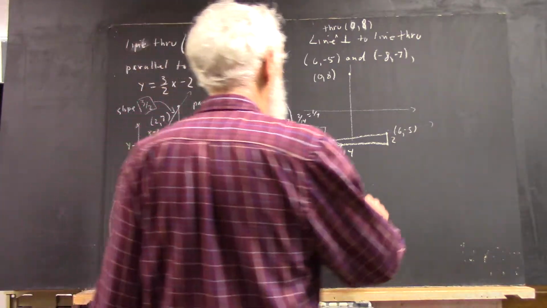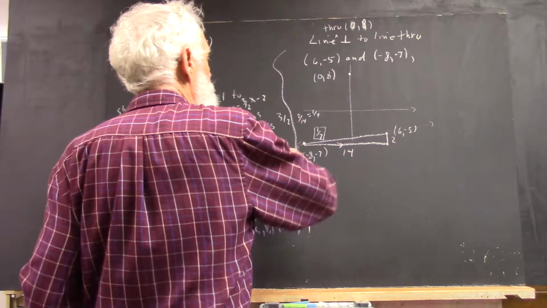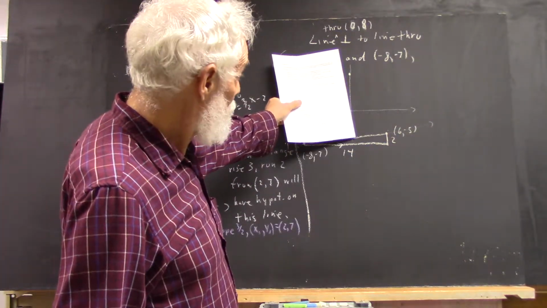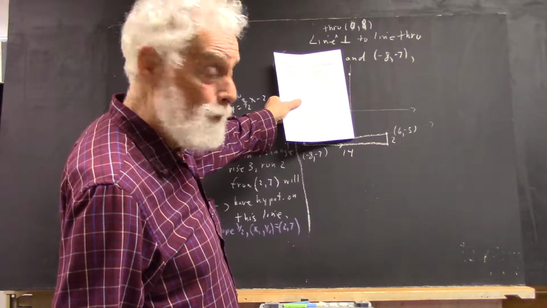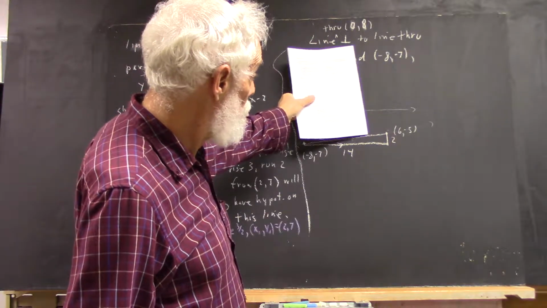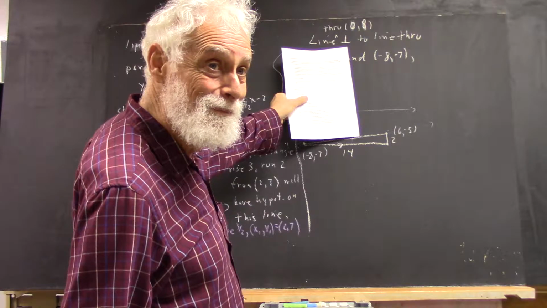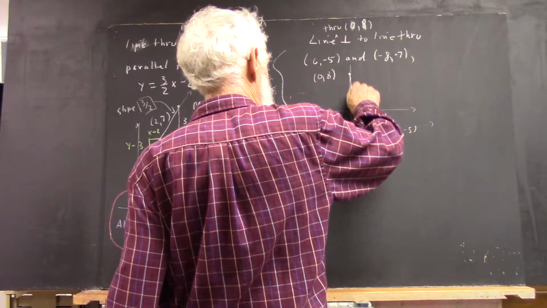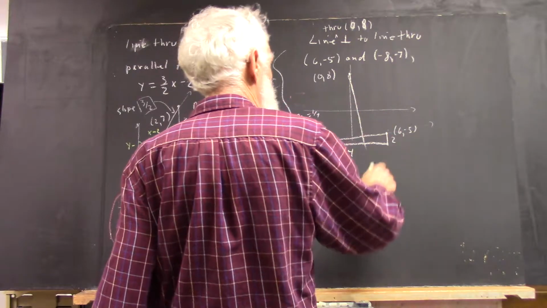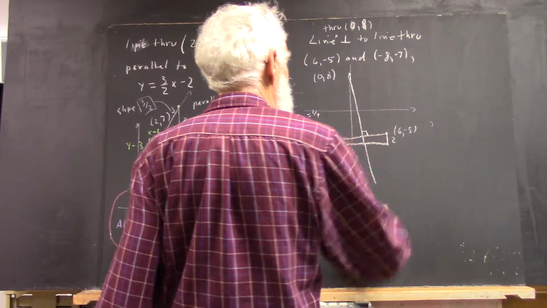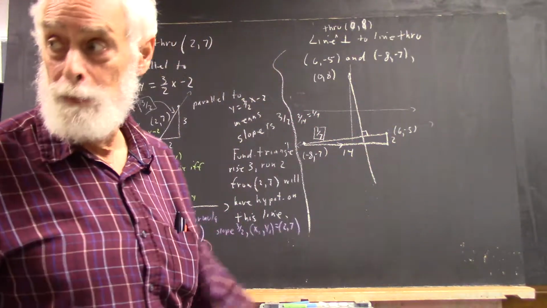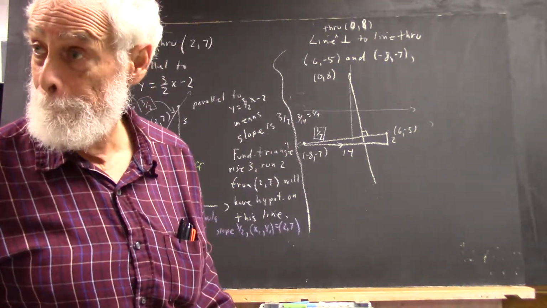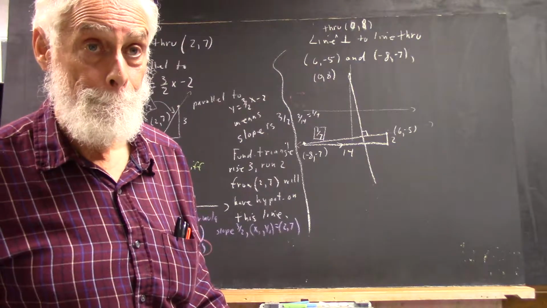To get a line perpendicular to this one, right there is perpendicular, just go through that point. What do I have to do to make it go through that point? Move it over a little bit, right? Or just eyeball it. Okay, that's about right. That's a reasonable sketch, and we put a little right angle symbol there to indicate that it's perpendicular, right?